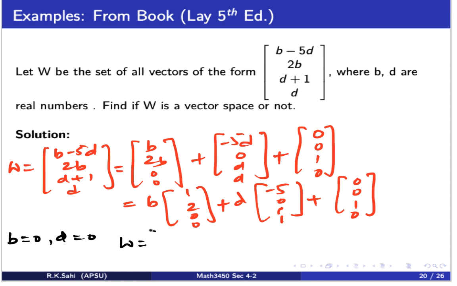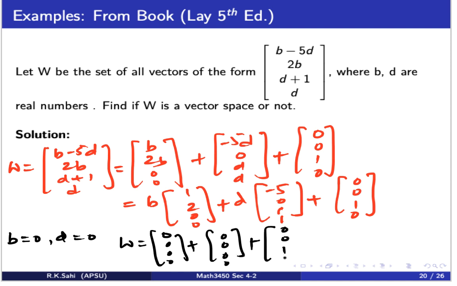This W will be written as 0 0 0 0 plus 0 0 1 0. That means I will never have a zero vector. So as I am not going to have a zero vector, then I will not have a vector space.